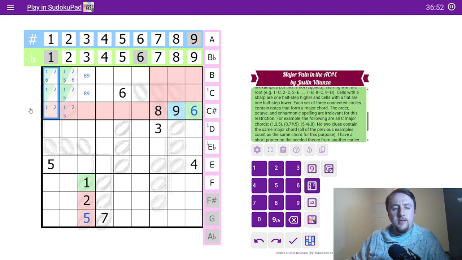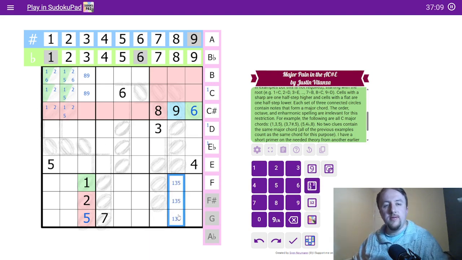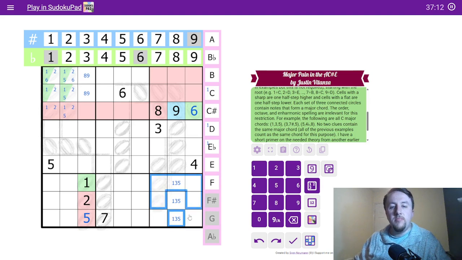Right, do we start noting down some of these different possibilities? I think we should. So the version that's C has a 135 triple down the middle. I'm just going to mirror box 1 in box 9 over here.